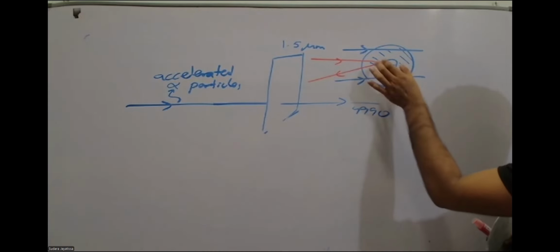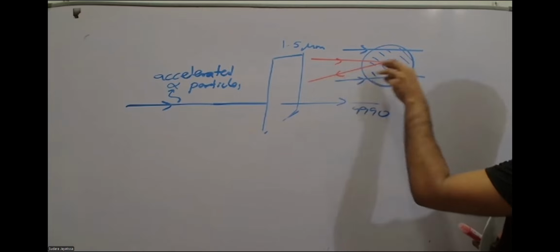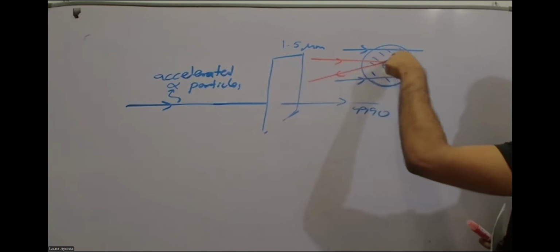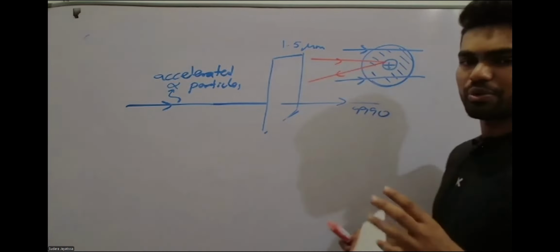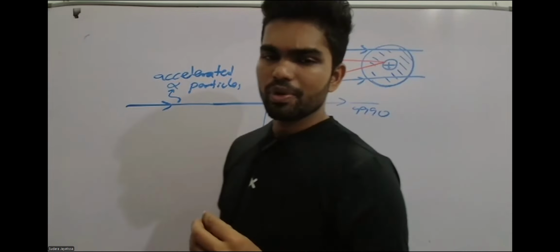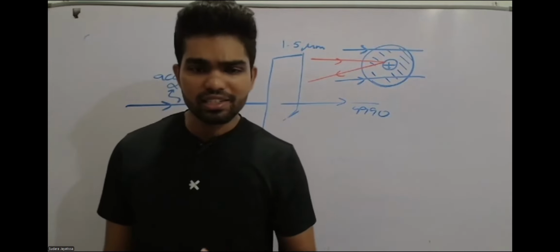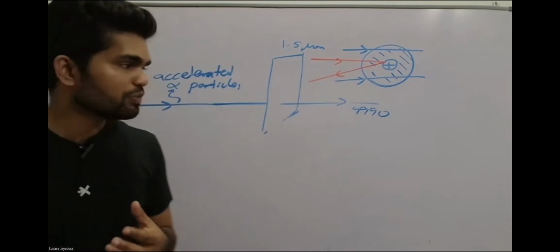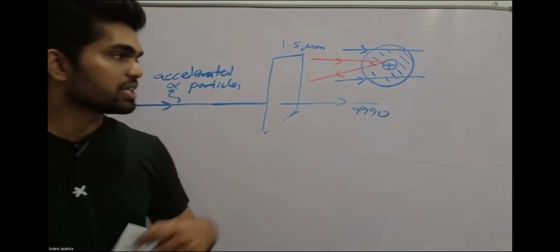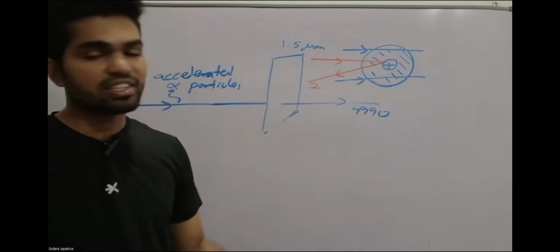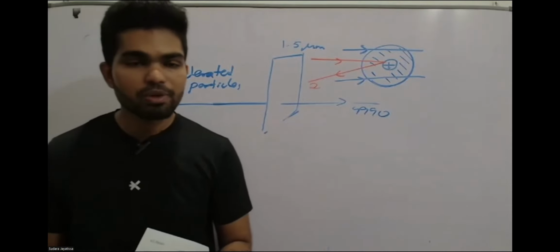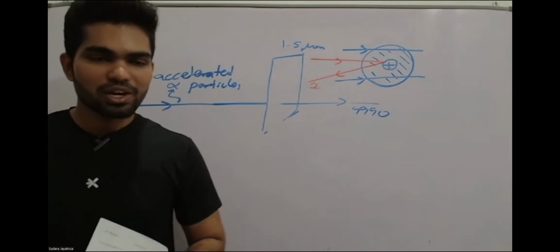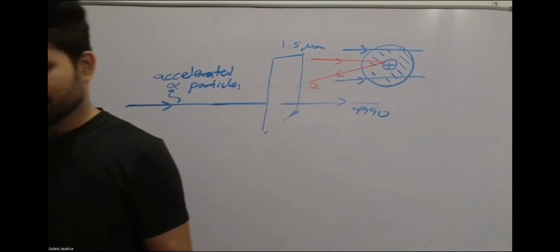The nucleus repelled them so strongly that they bounced back. Only very few did that. Why? Because the nucleus is a very, very tiny thing. That's why only a few were deflected, about two when you pass 10,000. You remember the video we watched? There also you had the same idea.